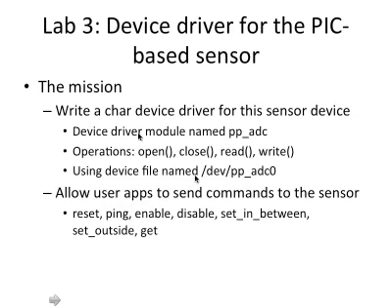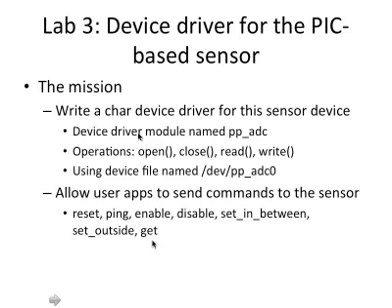Once you have this device driver properly designed and loaded, and after you create this special file in your file system, we should allow the user application to send commands to the sensor by using this special file. Note that we have more commands than last time.